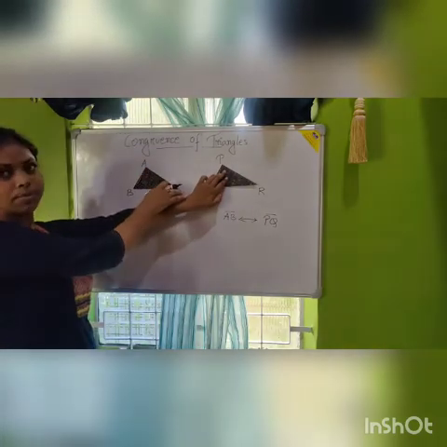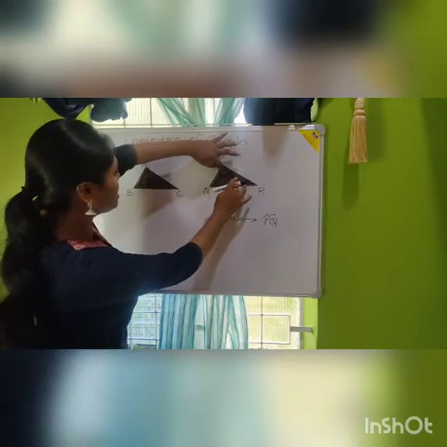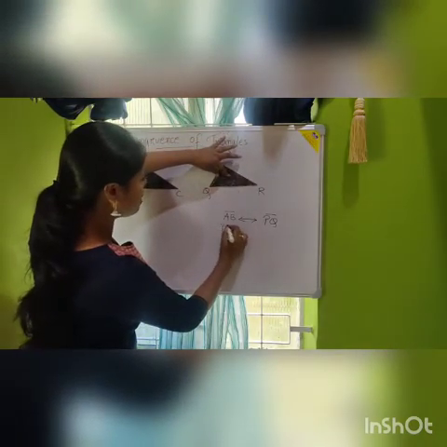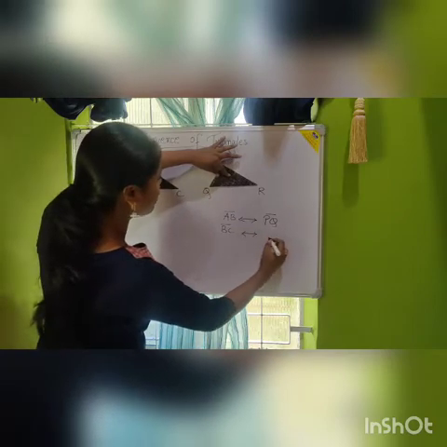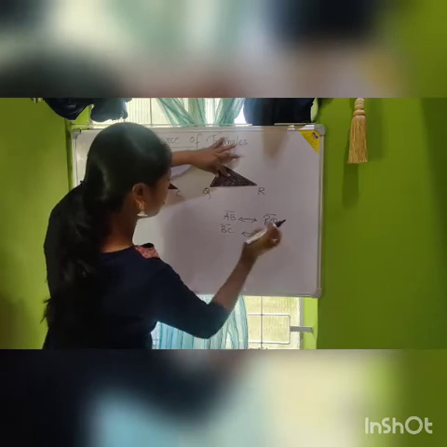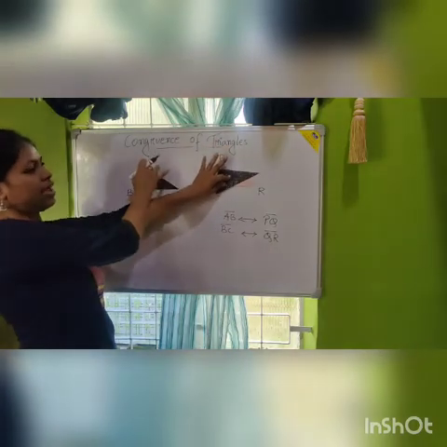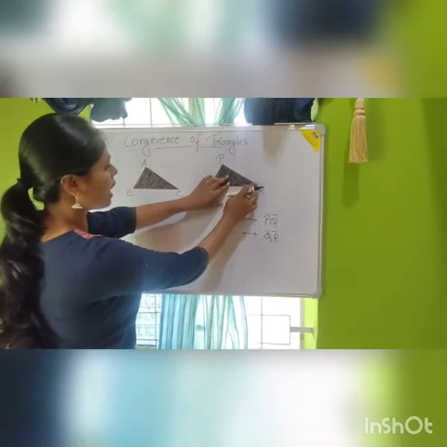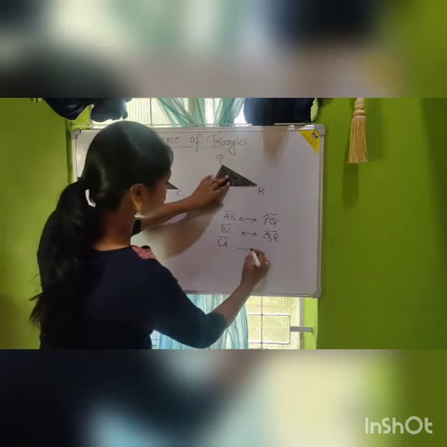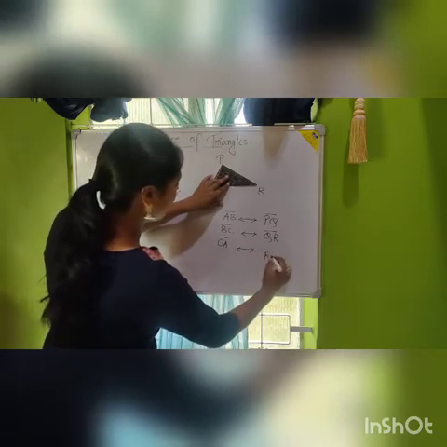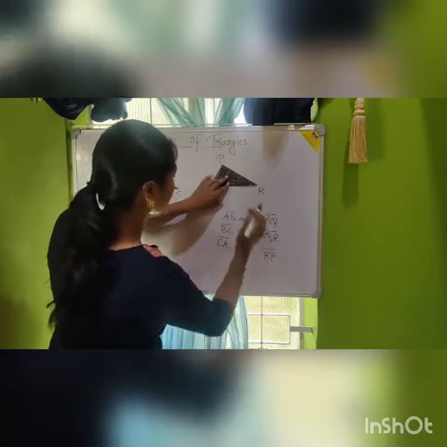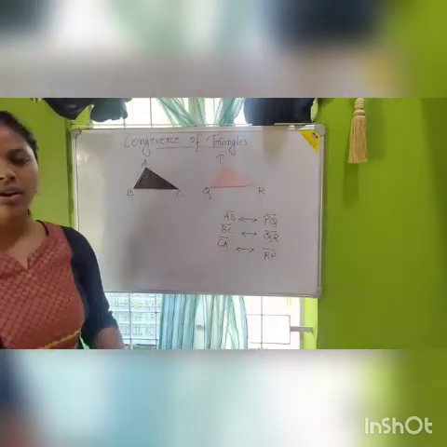Similarly, side BC corresponds to side QR, and side CA corresponds to side RP. So these are the orders.